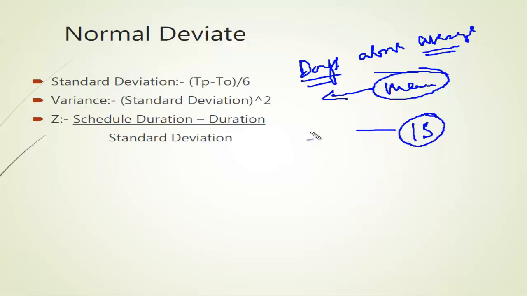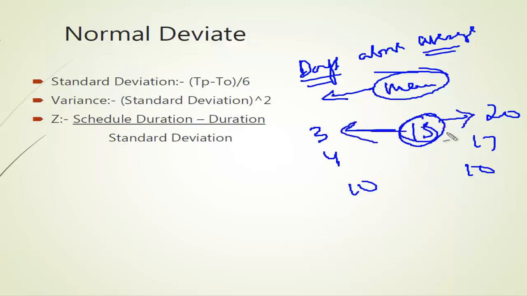But someone has obtained 3 marks only, someone has obtained 20 marks, someone has obtained 4, someone 17, someone 10, someone 16. So how far from the mean you are deviated? The marks are deviated or spread about the mean, that is the variance.